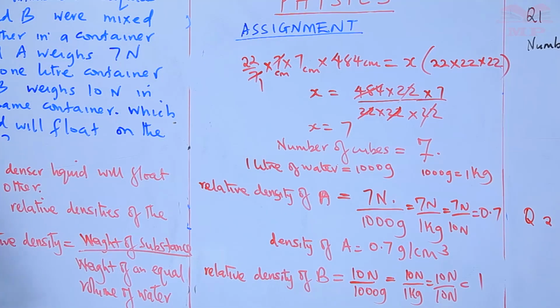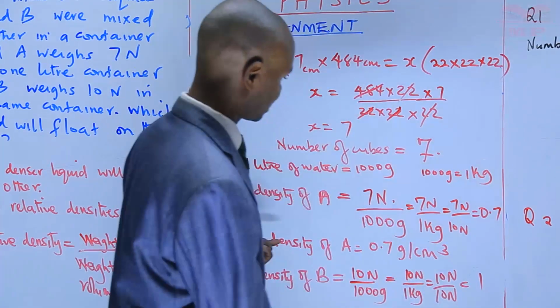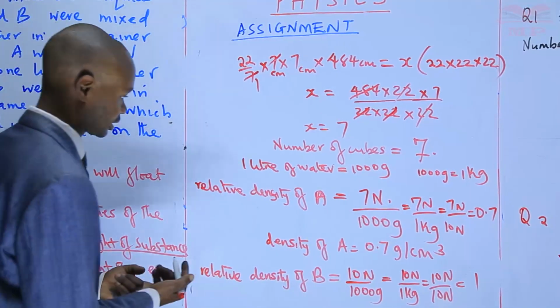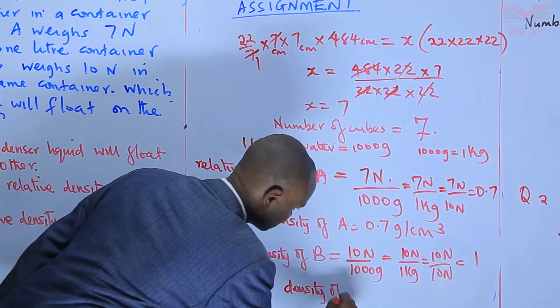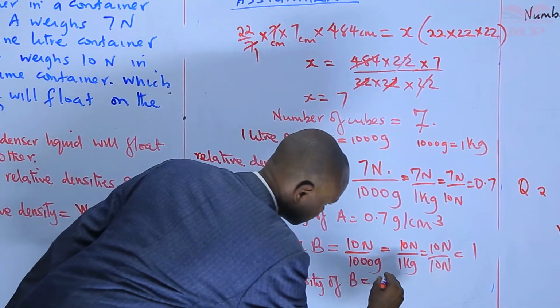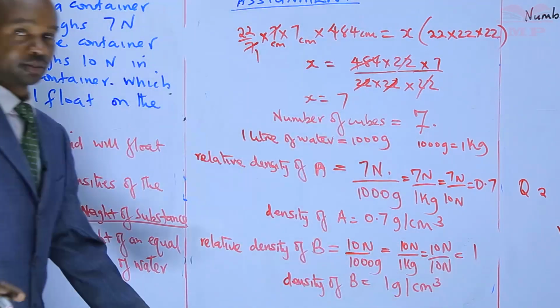Something funny, it has a density similar to that of water, but lucky enough we've got the density. So density of B is equal to 1 gram per centimeter cubed.